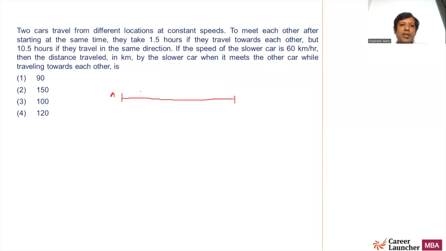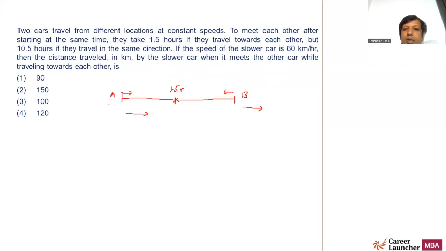Let's say this point is A, this point is B, and they are going to meet after 1.5 hours. So this car is going to travel for 1.5 hours, this car is going to travel for 1.5 hours, and they are going to meet at some point. If they travel in the same direction, they meet after 10.5 hours.